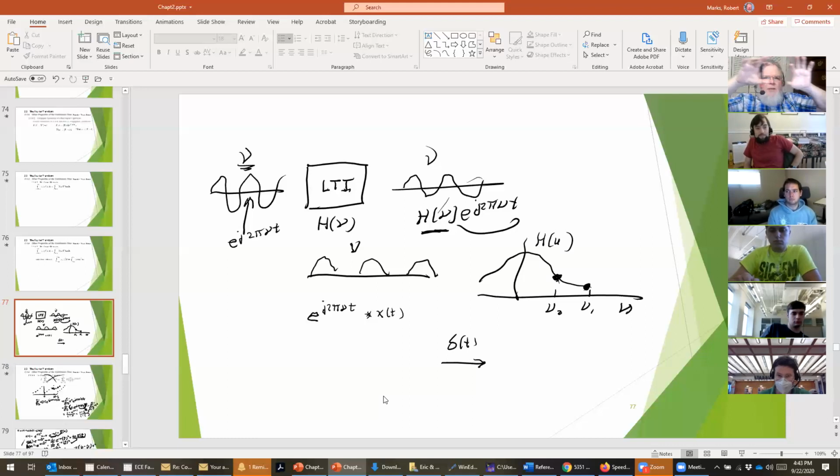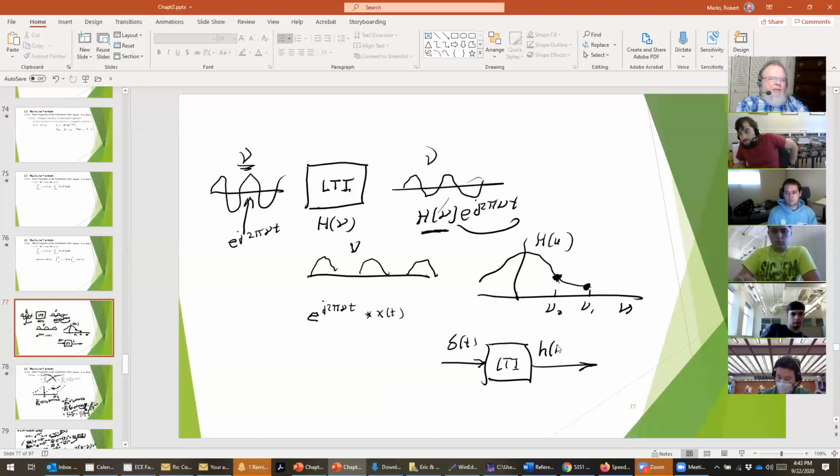And so you put it into this LTI system, and because all of the frequencies are there, the result, which is the impulse response, takes into account all of the different frequencies, because all of the different frequencies were imposed.